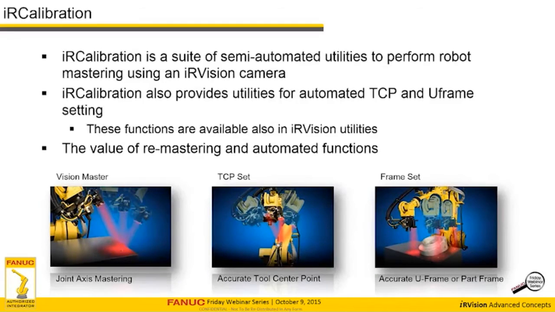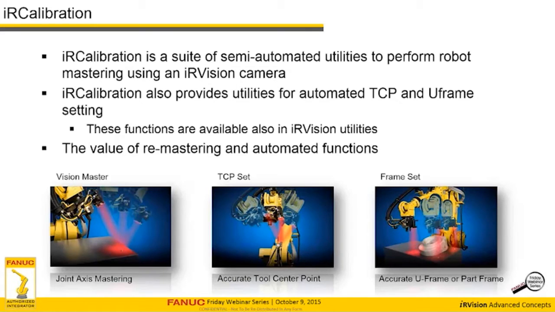Let's start with IR Calibration. Again, something that was talked about in last week's presentation, which, by the way, will be available online on the FANUC Integrator website, along with all of the other FANUC Friday webinars that have taken place, the many great webinars that have taken place over the last many months.